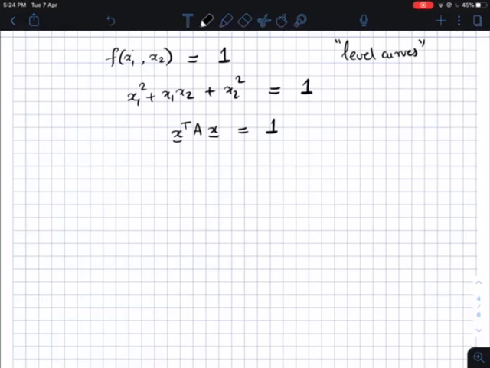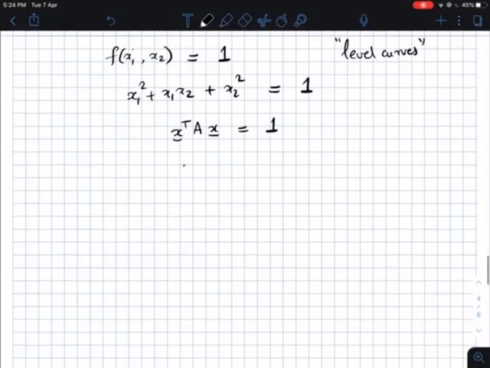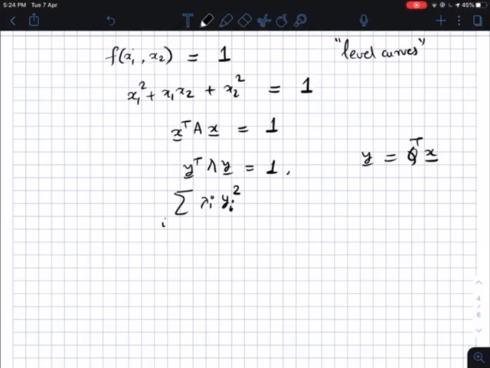We are going to assume that A is symmetric, and by the spectral decomposition theorem we had actually written that this is the same as y transpose Lambda y is equal to 1, where y is equal to Q transpose x. Now y transpose Lambda y, as we said before, is just going to be a sum of squares. So it's going to be the sum of lambda i yi square, i equal to 1 to n, is equal to 1.